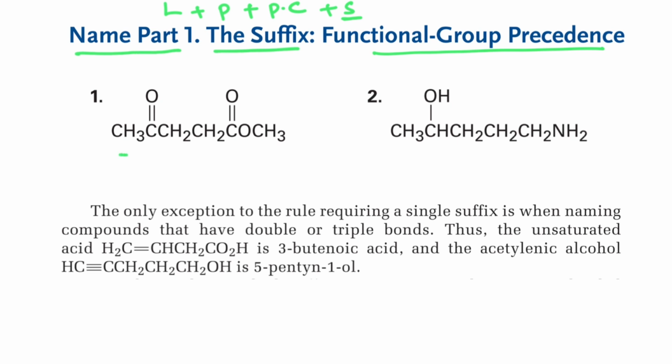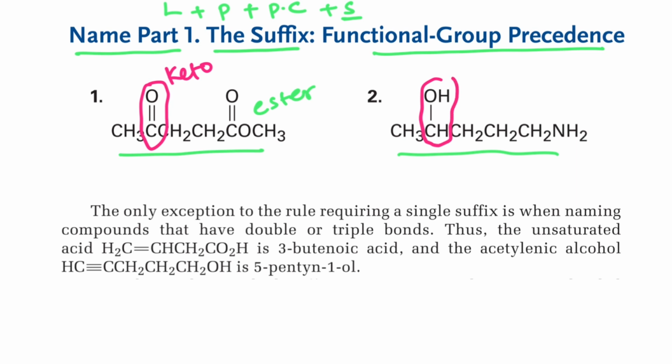Here I took two different compounds. One has an ester functional group, another has a keto functional group. Here we have one alcohol functional group, and another is an amine functional group. Then which one do we take as the precedence? I will give the priority order.